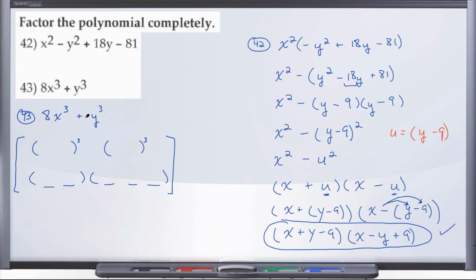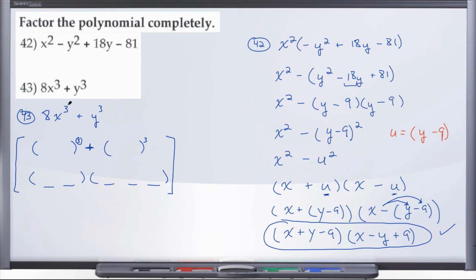And so what we're going to do is whatever sign was in the original expression, we're going to just bring down to this first line here. So we were dealing with a plus, so I'm going to go ahead and put a plus in between the first line of parentheses here. All right, so this first empty set of parentheses, we have to ask ourselves, what number and variable cubed is going to give me 8x cubed?